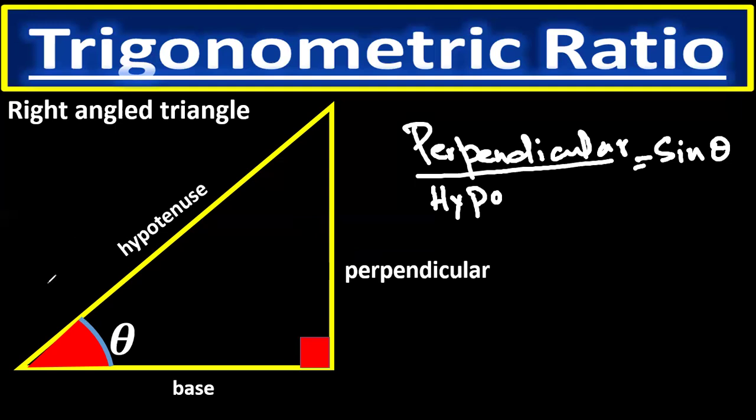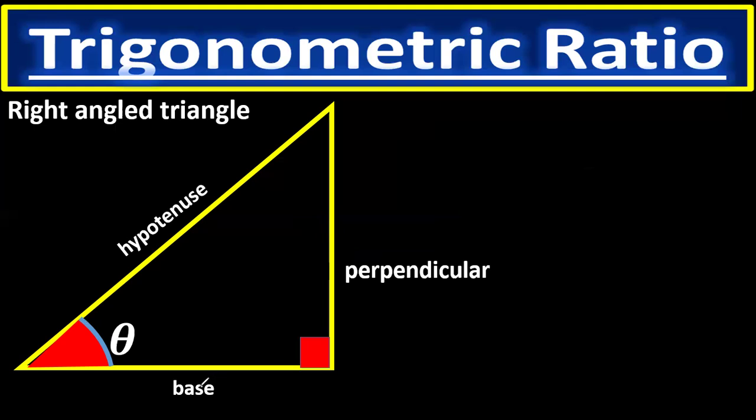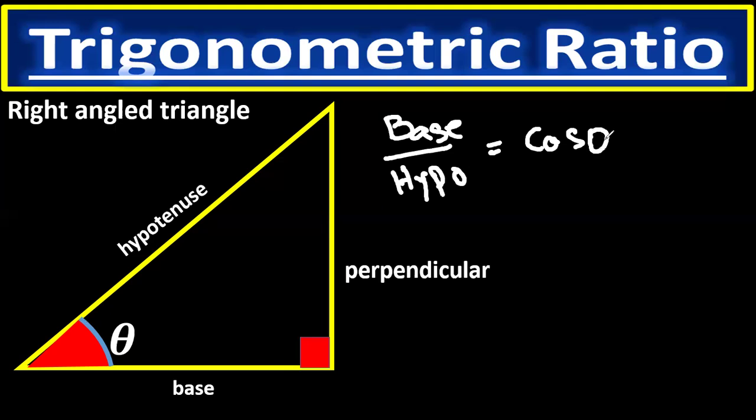The next ratio is the comparison of the base and the hypotenuse. If we consider base over hypotenuse, then this is called cos theta. Remember, cos theta is equal to the ratio of two sides of a right angle triangle.